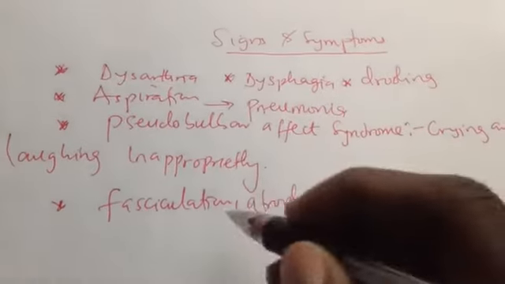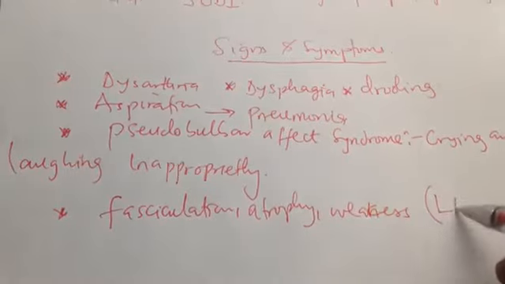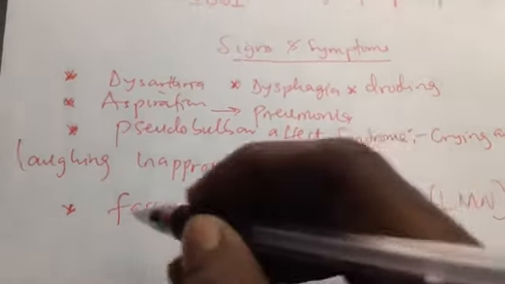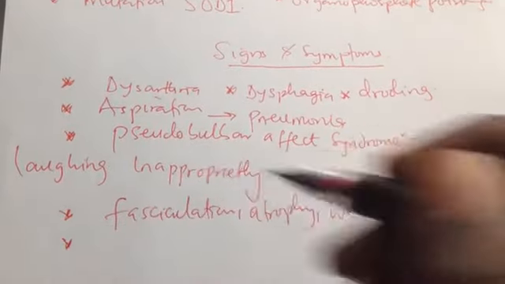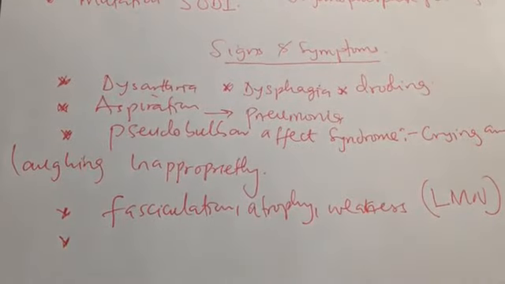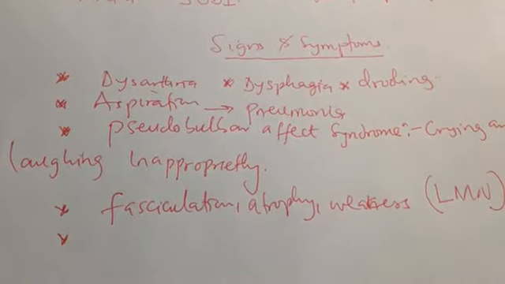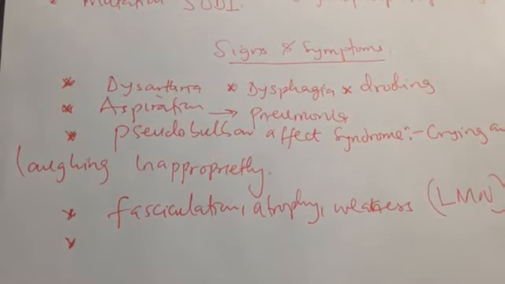All these are due to lower motor neuron problems. And then in the same muscle group, the muscle will show a sign of upper motor neuron damage.